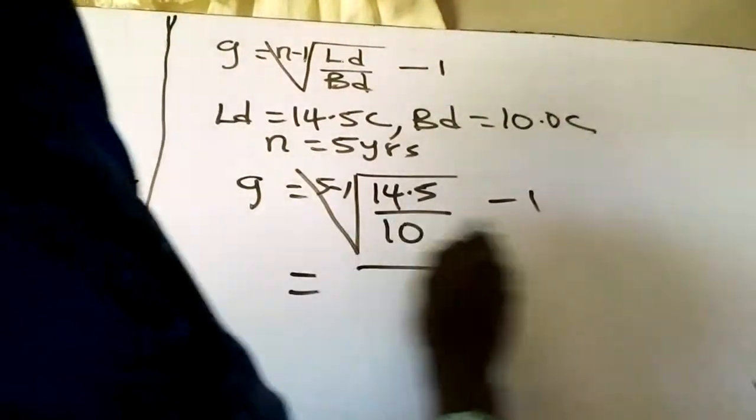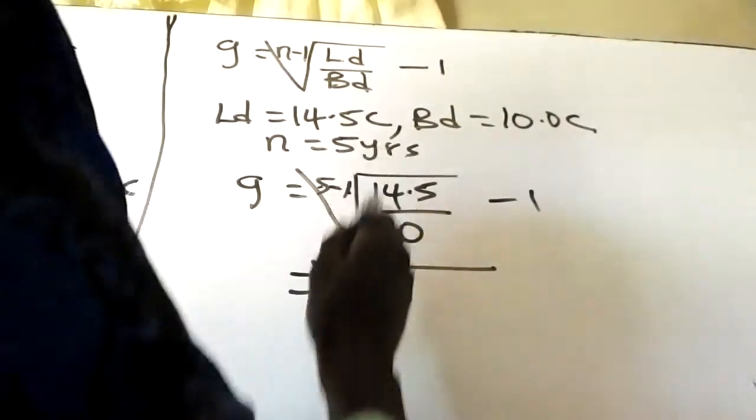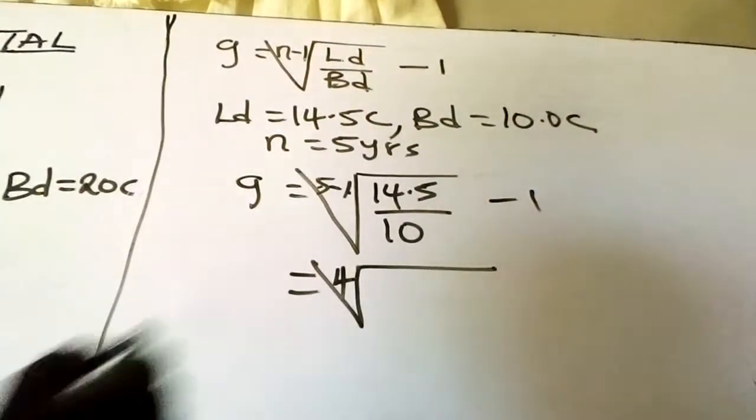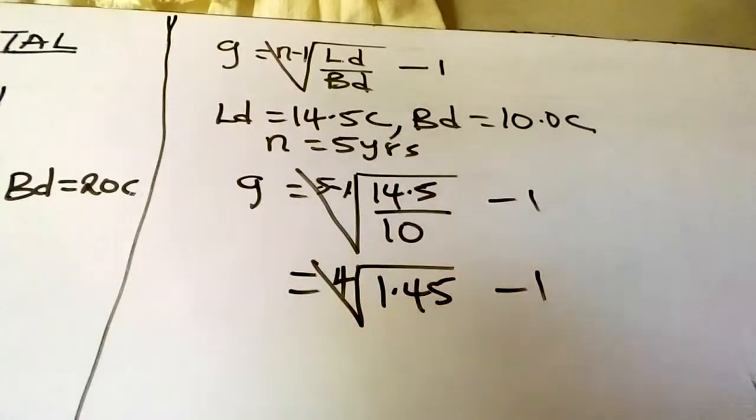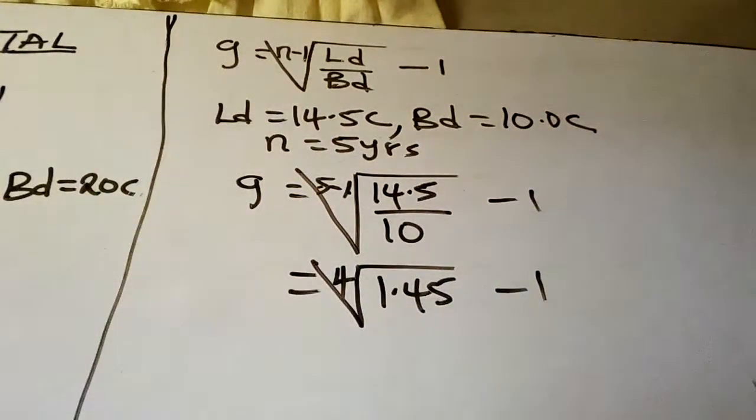This will now become the fourth root, because 5 minus 1 is 4. That is the fourth root of 1.45 minus 1. 14.5 divided by 10, that is how I got 1.45.